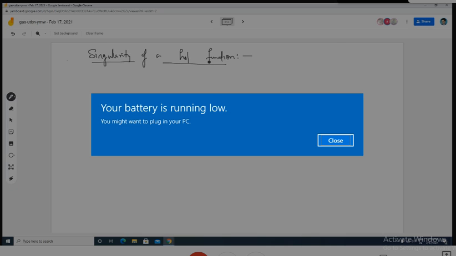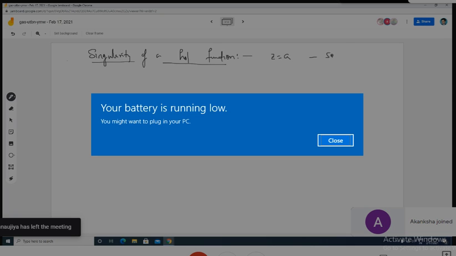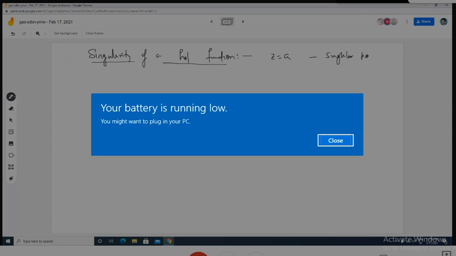So a singularity of a function means the function is not differentiable at that particular point. A point z equal to a is said to be a singular point if f is not differentiable, or f is not holomorphic at the point z equal to a.